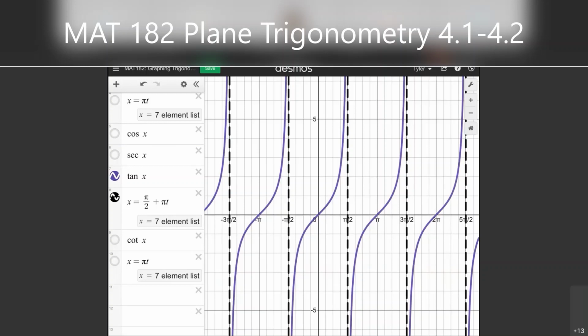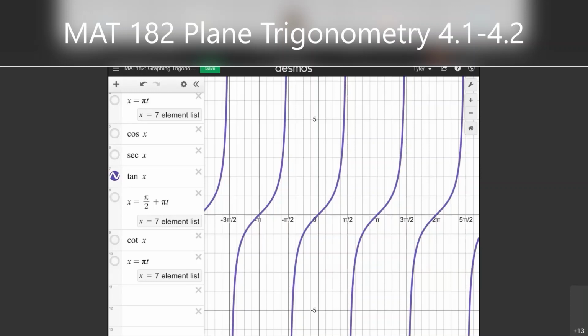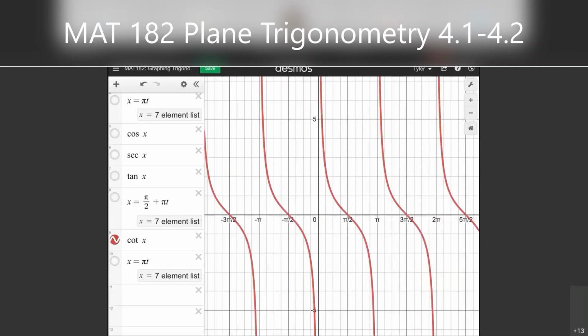The cotangent function is going to look a little bit different. It's just going to be kind of flipped around, but it will also be kind of shifted a little bit as well. So let's change over to the cotangent function and see the difference here. The cotangent function starts at 0 to pi, and is kind of a generally decreasing function. So you can see that there's a bit of a difference between those two.